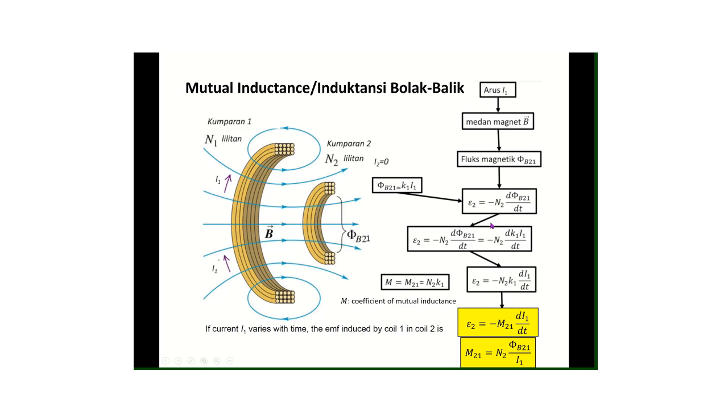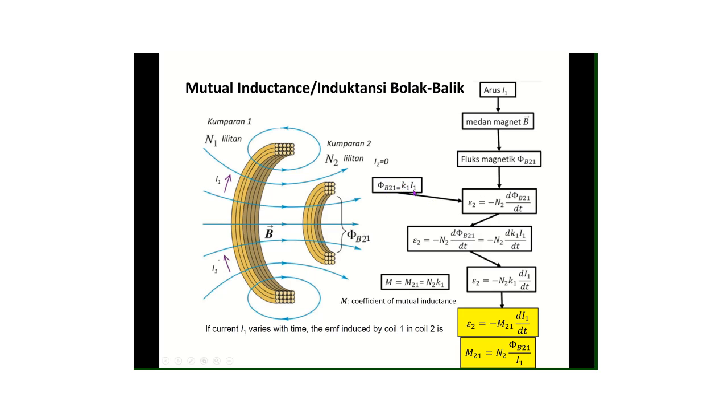With a higher current, the magnetic flux is also higher, so flux is equal to K times I, where K is a constant.